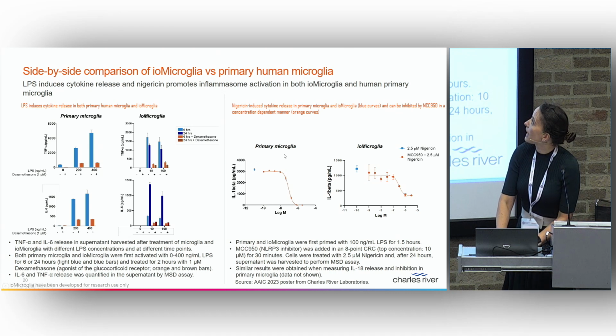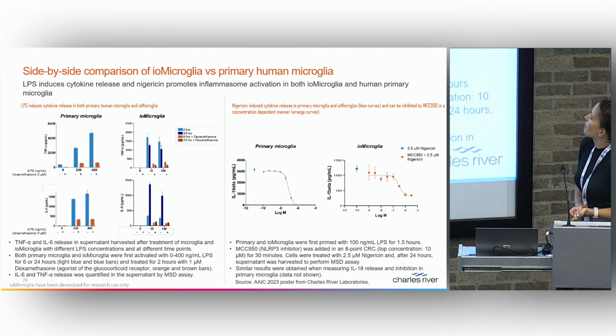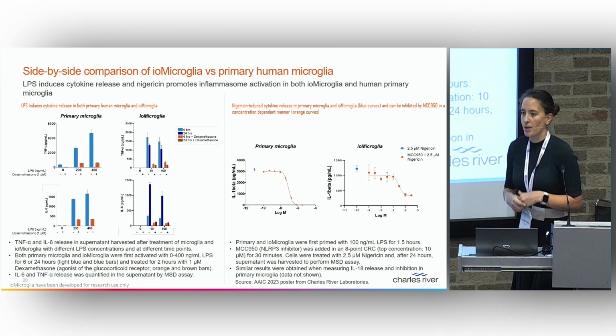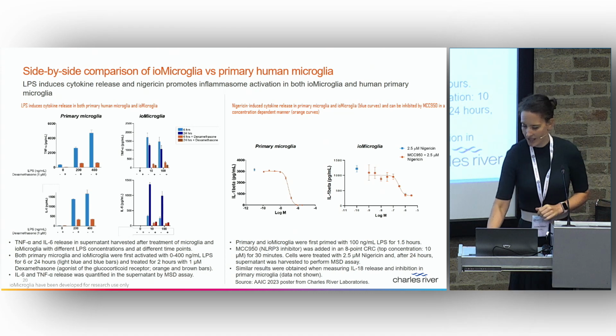And when they looked at the ability of the microglia to produce inflammasome activation with nigericin, you can see that both the primary microglia and the iPSC microglia respond and produce that inflammasome, and you can inhibit that inflammasome in a dose-dependent manner with an NLRP3 inhibitor, showing that these cells can be used for drug screening, antibody screening, and compound screens.